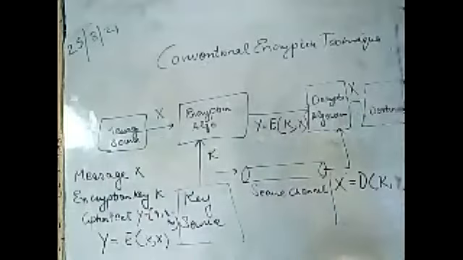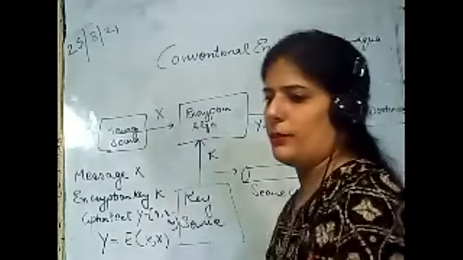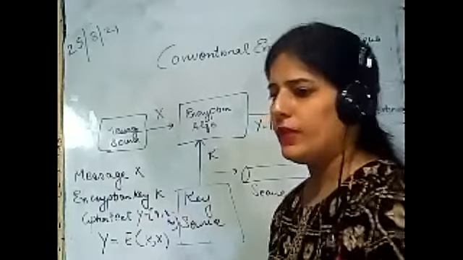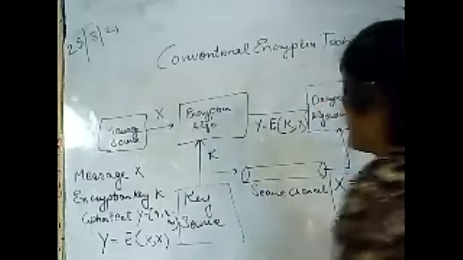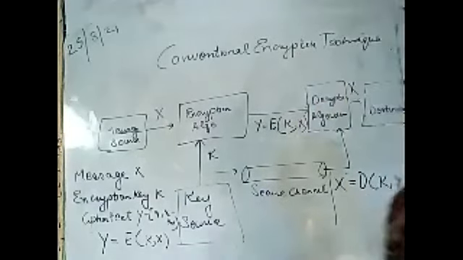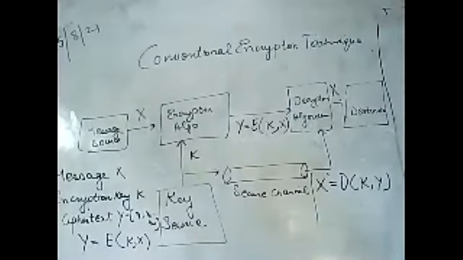This principle will be followed during the process of encryption and decryption. Or we can say that when we follow the conventional encryption technique, we require this portion. So this is how we can represent this structure for the conventional encryption technique.